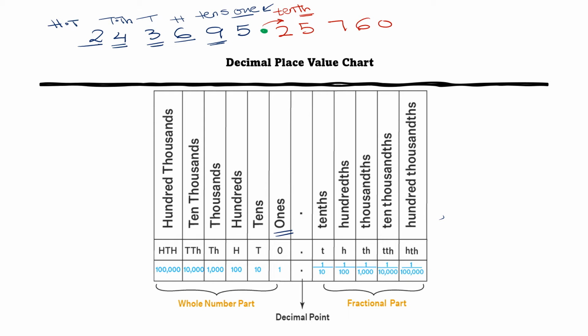You have to stress on the th. Tenths, hundredths, then 7 you will call thousandths, then this 6 ten-thousandths, then this one hundred-thousandths. So after the decimal, whatever place value you read, you have to stress on the th.